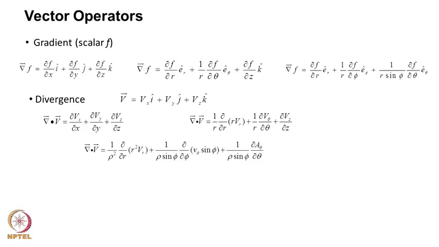Just like we did for the gradient, we can also define divergence in the other two coordinate systems, the r, theta coordinate system and the spherical coordinate system.